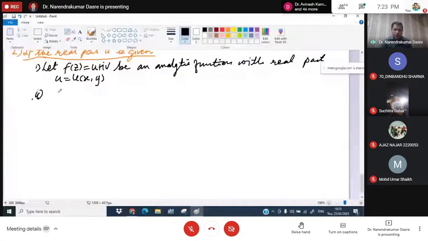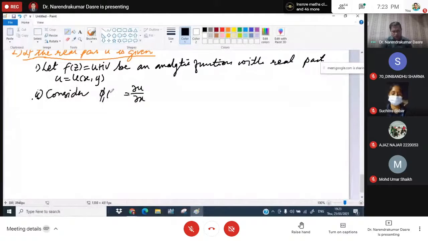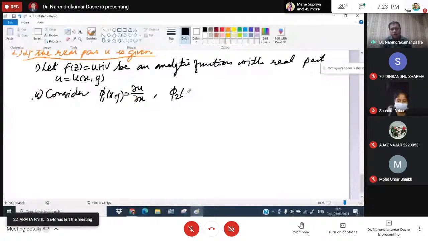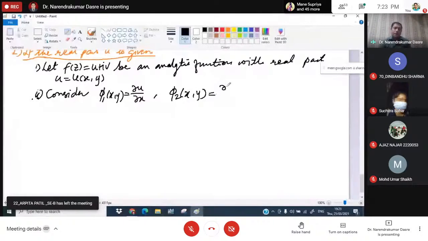So we consider ∂u/∂x and name this as phi1 of x, y. Then we will find the other derivative, so phi2 of x, y is equal to ∂u/∂y.